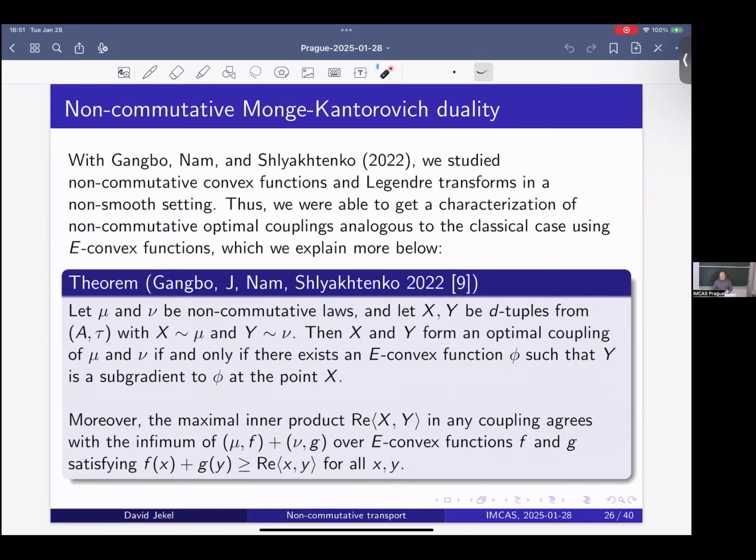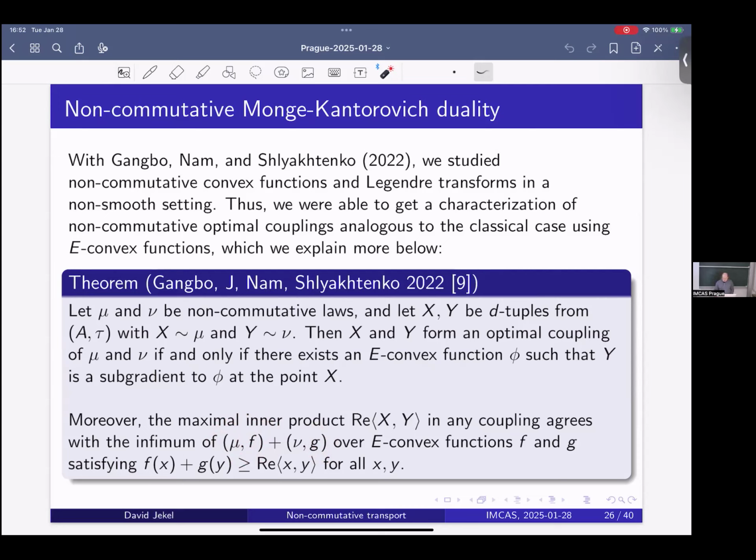And so then we developed a non-commutative analog of this, and the goal is again to characterize the optimal coupling and to characterize the Wasserstein distance in terms of some kind of test function. Here we'll have some functions f and g that are convex, and here I represent this as the dual pairing, which is integrating a function against a measure. But here for the non-commutative law, it would just be pairing that non-commutative law with that function.